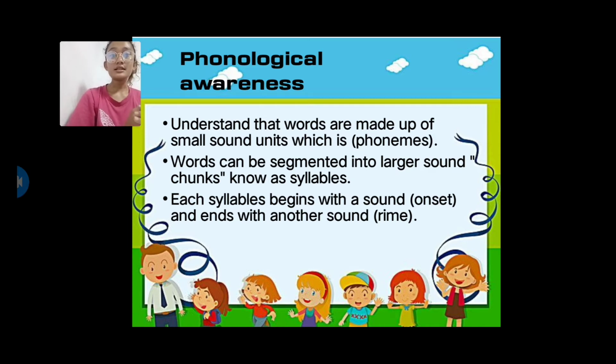For example, snowman. How many syllables are there? If you ask the children the word snowman, how many syllables does it have? You just clap your hands, snow-man. So it has two syllables because you clapped twice.